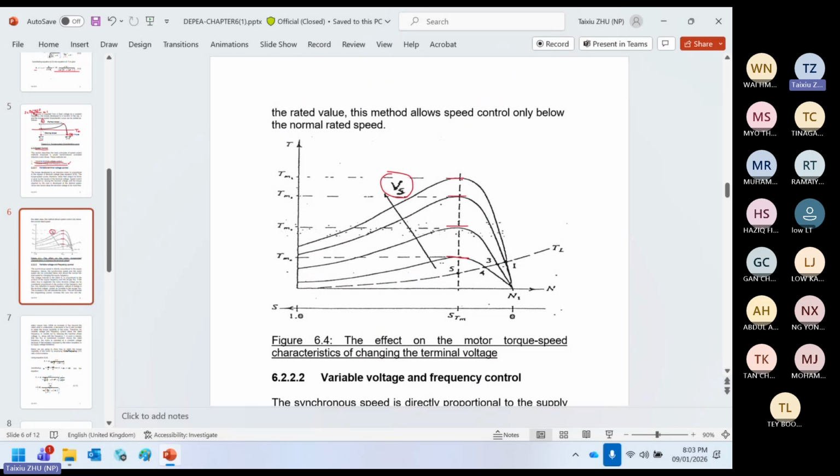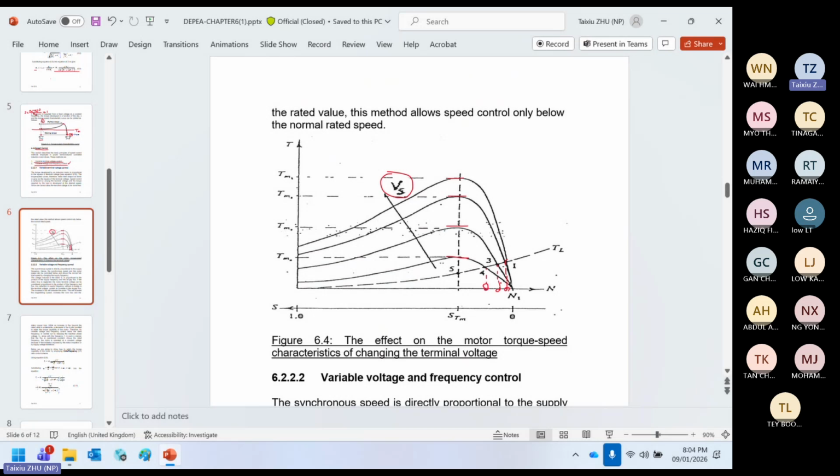At the rated voltage, the highest one, the motor speed is here. Basically, you draw a line down to here, and that's the speed. Then we reduce the voltage significantly, looks like 50%, and your speed goes to here. You see, it changes very little, isn't it? Then we lower it more, and you get this speed.